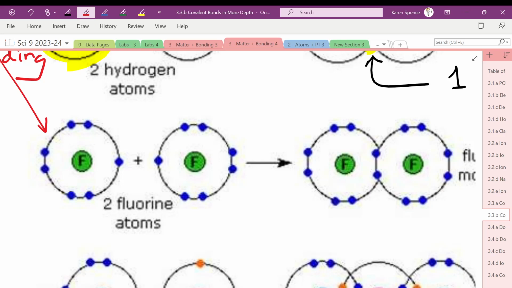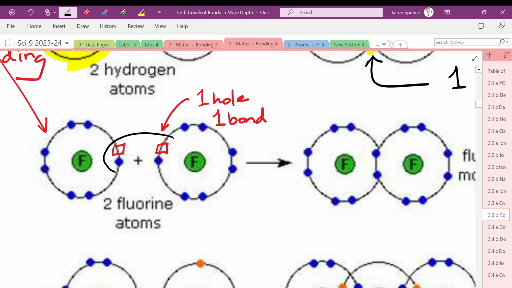How many empty spots? 1. We got 1 here in this fluorine atom. We have 1 here in this fluorine atom. What does that tell you about the number of bonds each fluorine atom can form? 1 hole. Therefore, we're going to get 1 bond. Okay?